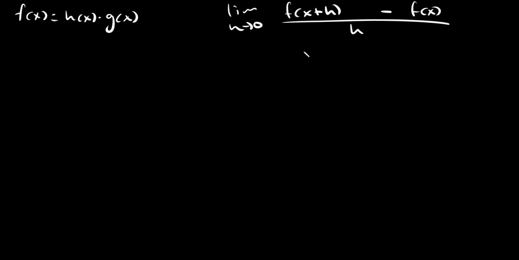Mathematics has a lot of tricks, and we're going to use some tricks to reach a conclusion that gives me a format like this. I want to be able to find h prime of x and g prime of x somehow. So let's get going. Let's put my limit right here.